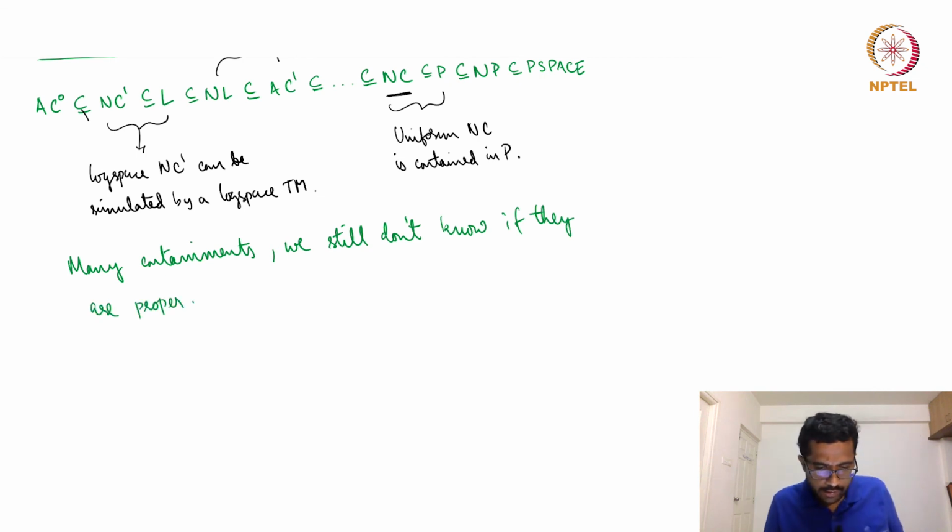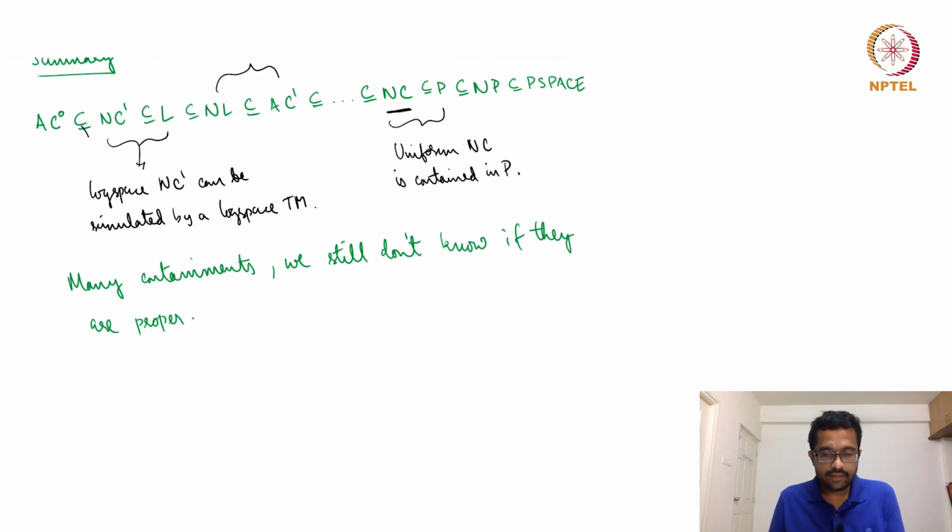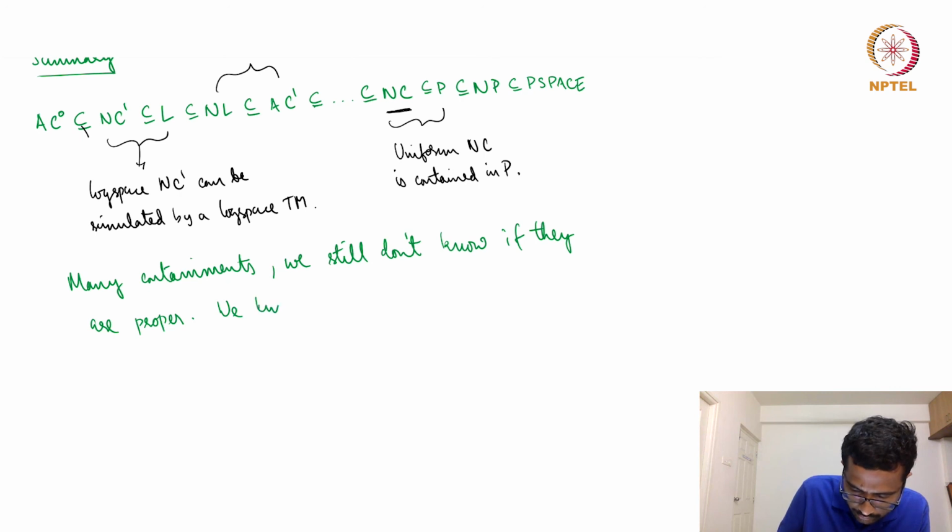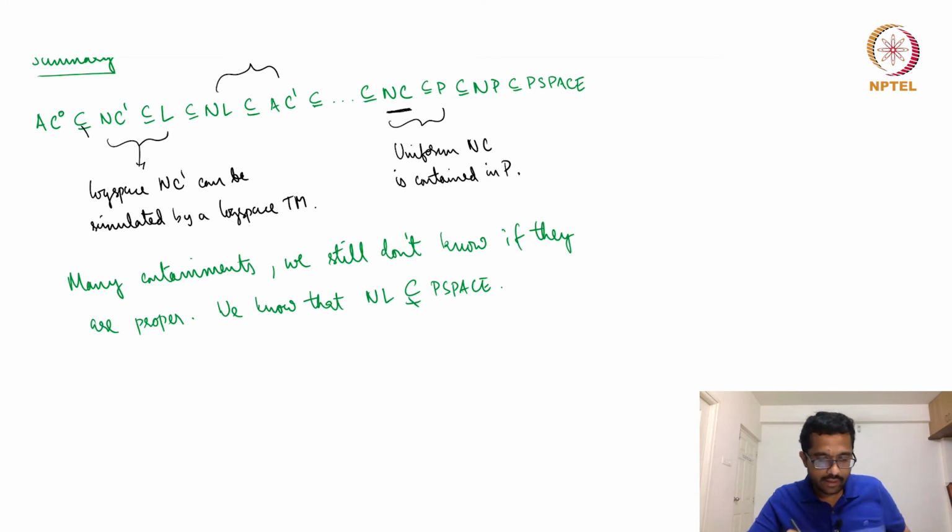We know that NL is a strict subset of PSPACE, and I think that is about it. This is due to the space hierarchy. That means that somewhere in this chain there should be two nearby classes that are not the same.